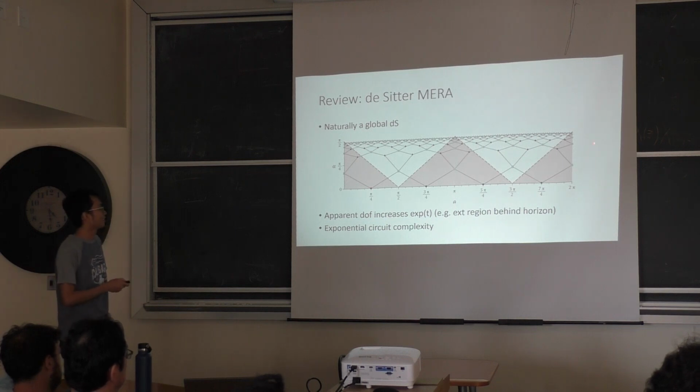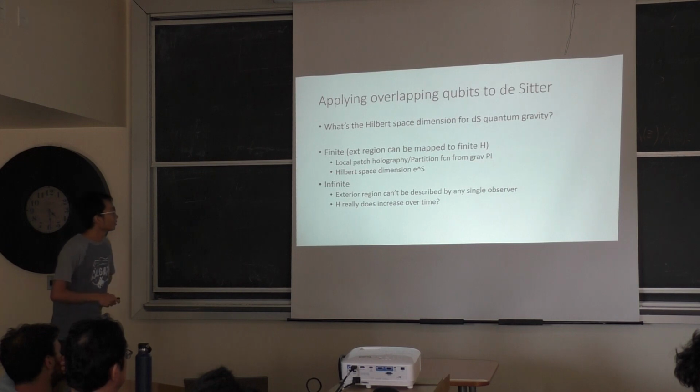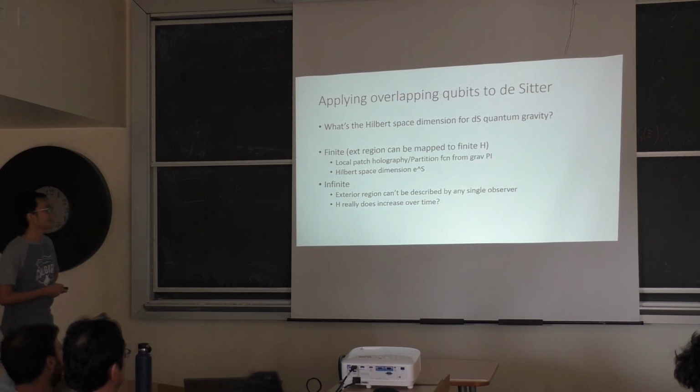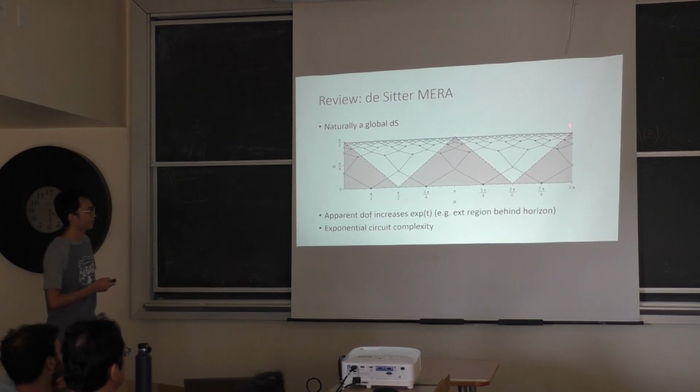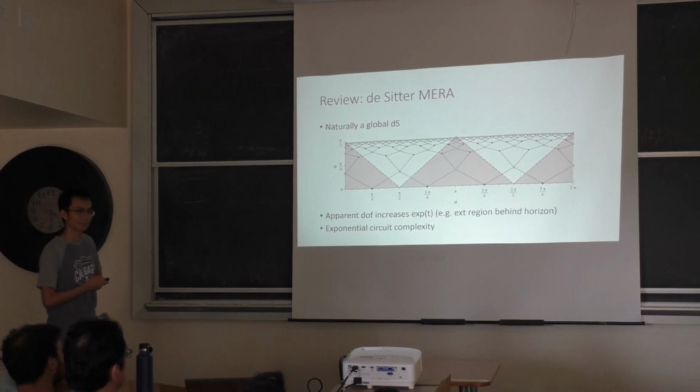It's pretty obvious that this de Sitter tensor network is capturing the global structure of the de Sitter universe, where the apparent degrees of freedom increase exponentially, right? If you look at the exterior region, it really doubles at every single time step. So the question we would like to tackle here is, this is sort of an effective description.